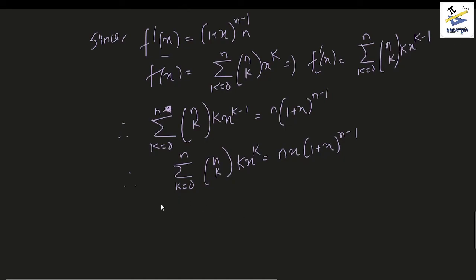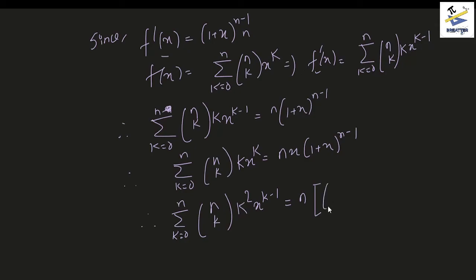And you differentiate it again to find this thing: summation k equals 0 to n nCk k squared x to the power k minus 1 equals, and now what we get is this: n is a constant, so differentiating this, you get 1 plus x whole to the power n minus 1 plus x into n minus 1 into 1 plus x whole to the power n minus 2.